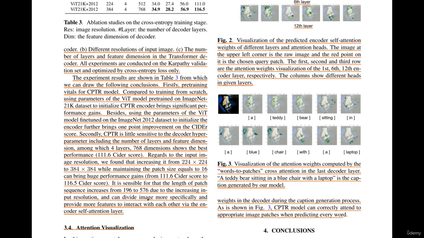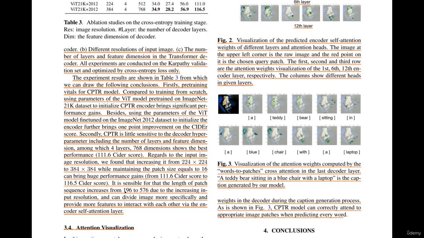You can divide the image more finely and provide more features to interact with each other via the encoder self-attention layer, which is the reason why increasing the resolution of the input image from 224 by 224 to 384 by 384 comes with better results.